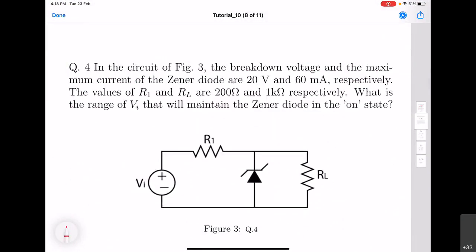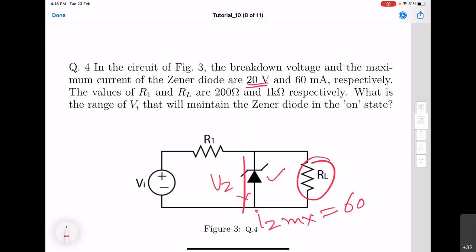So here we have a resistor RL connected across a Zener diode, and it is said that Zener breakdown voltage is equal to 20 volt, and the maximum IZ max that it can experience before it burns out because of the excessive heat, is equal to 60 milliampere.